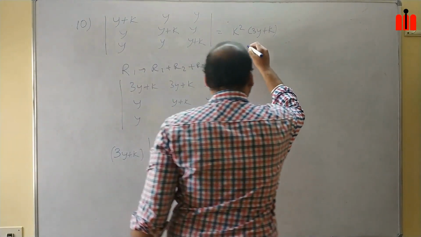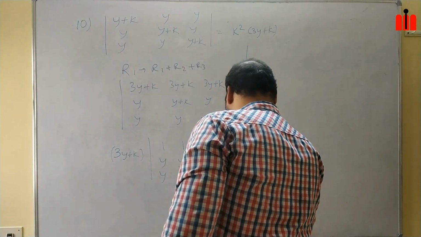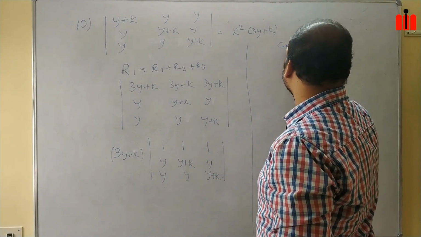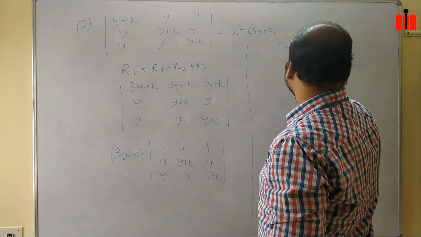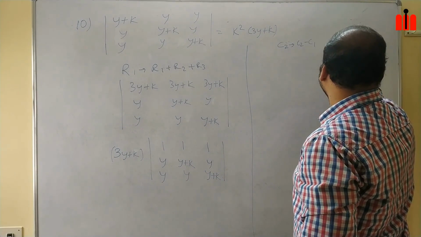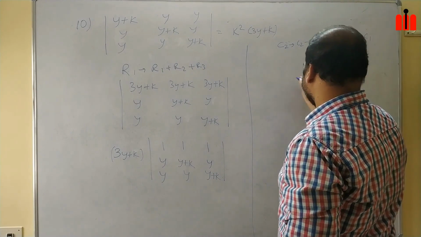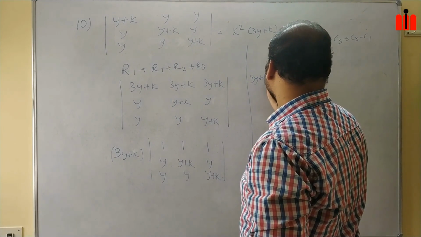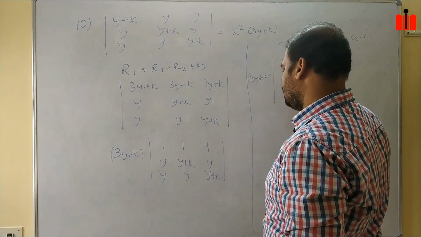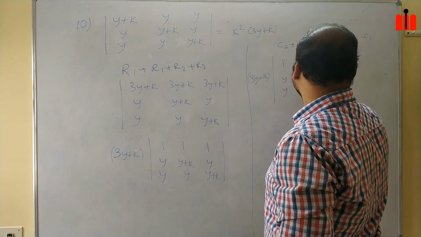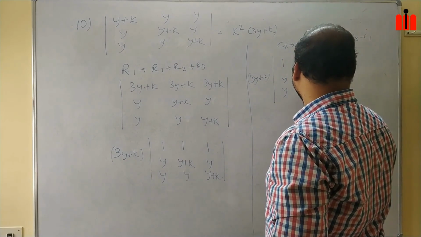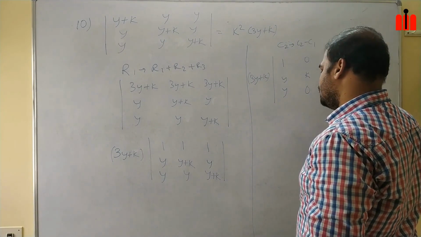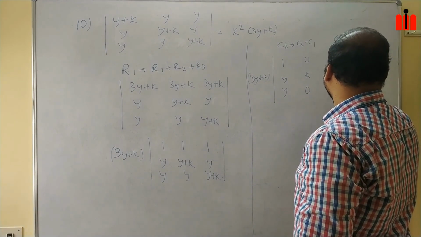Now we will do column operation. We will do column operation to make this column element 0, this column element 0. So C2 tends to C2 minus C1 and C3 will be C3 minus C1. Then it will be 3y plus k, 1 y 0 k, y minus y will become 0, and it will be 0 0, and it will be k.